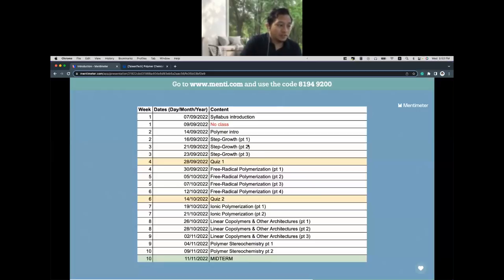For example, if step growth only needs two classes, then in the next class we can jump to free radical. I'm mentioning this is quiz 1, quiz 2, and I'm still thinking whether the quiz will be an online quiz, where I give you a platform and you click through it, or whether we do the quiz in class.